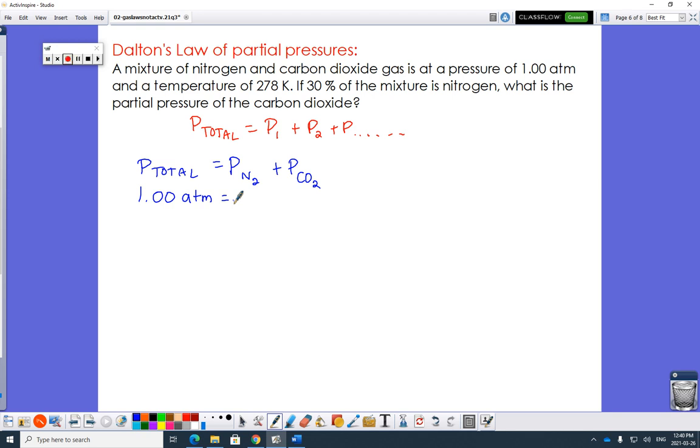So you have to find 30% of 1. And again, sometimes it's just given to you here. The total's 1, so 30% of 1 is just 0.3.